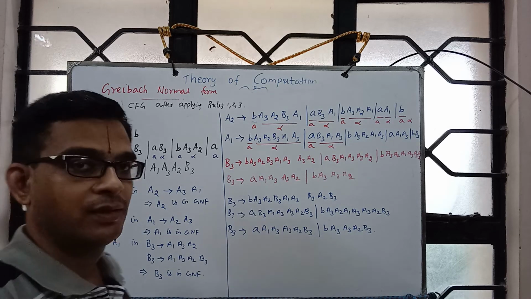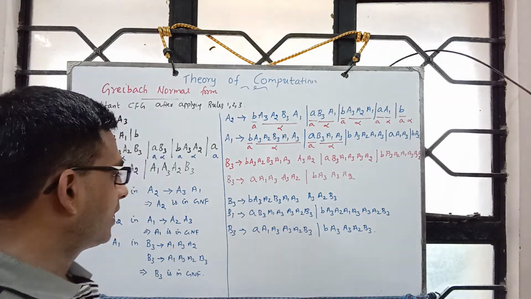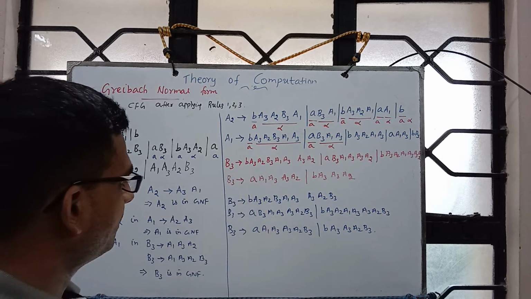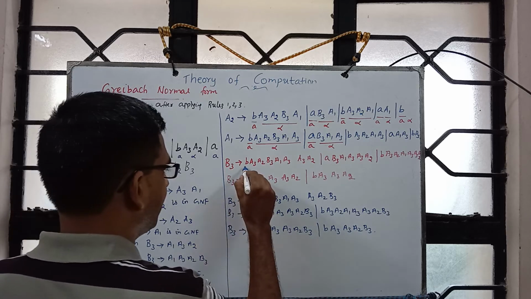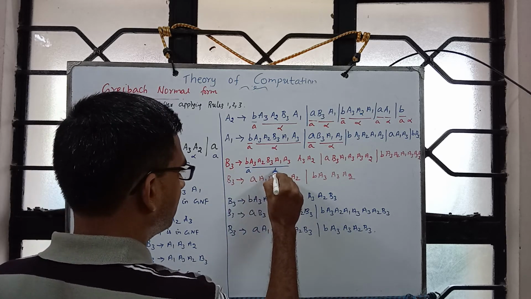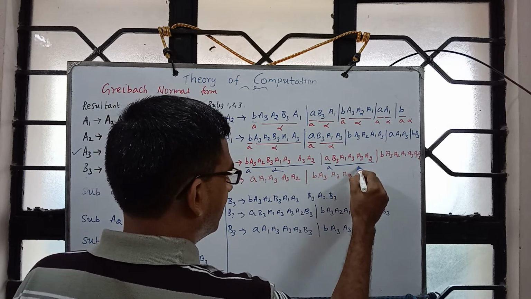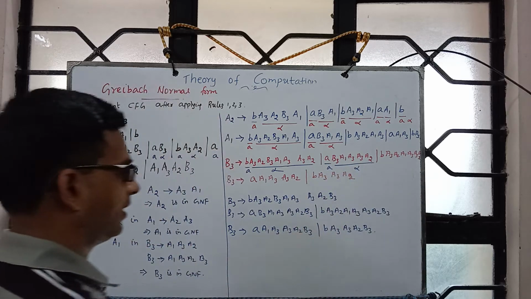Fine. Now we see that for B3, all of them have this pattern: A followed by alpha, A followed by alpha, A followed by alpha.